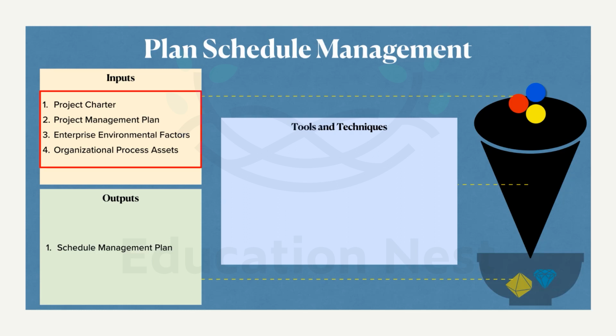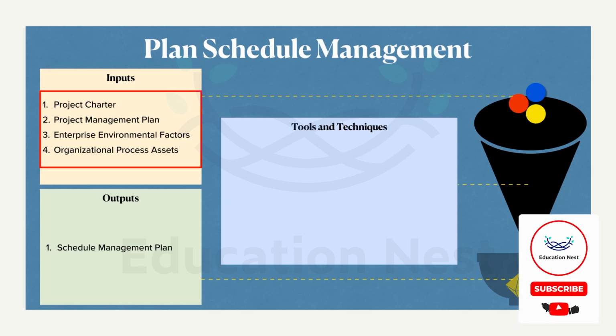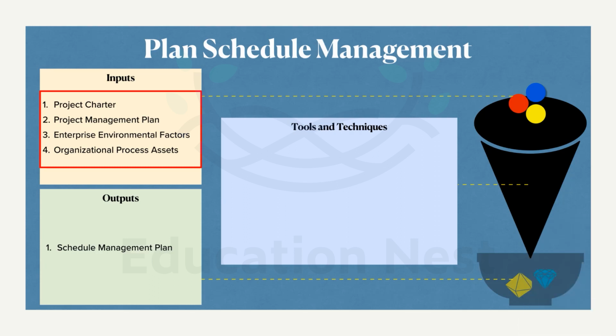All of the project management plan is not used, only two components, the scope management plan and the development approach. These two components of the project management plan are going to act as inputs, and then the schedule management plan is done. And then the outputs from this are again going to form the input for creating the project management plan.